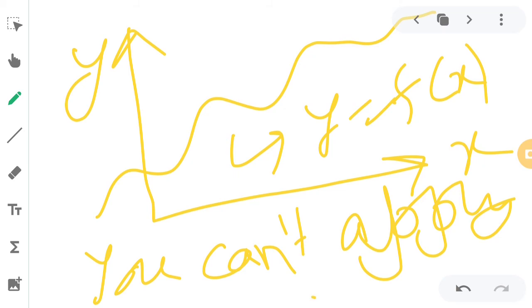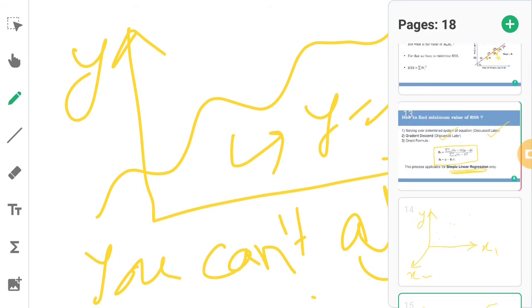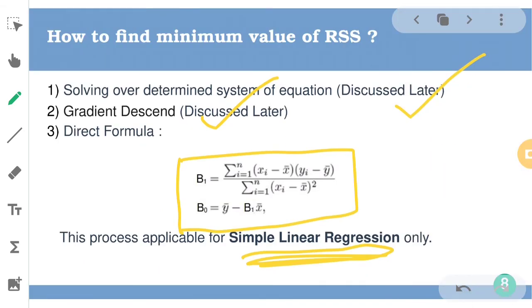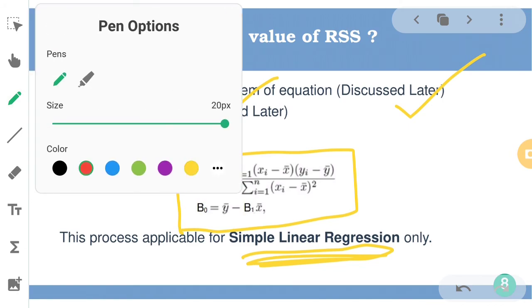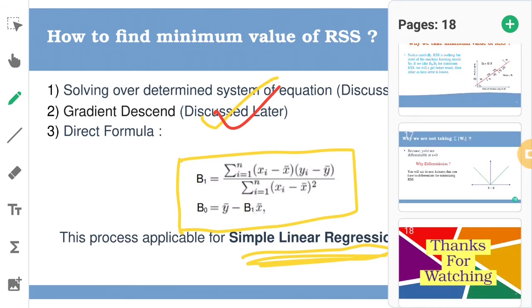For those cases you have to use either of the other two. These are discussed in later slides.